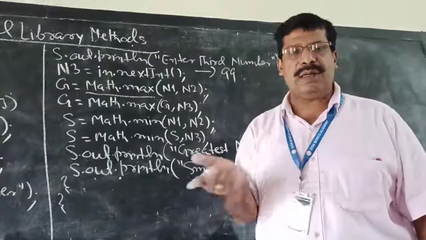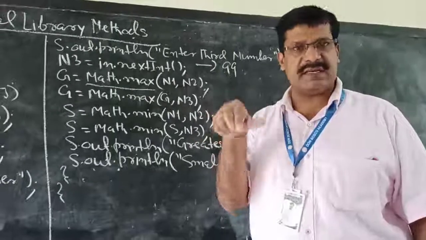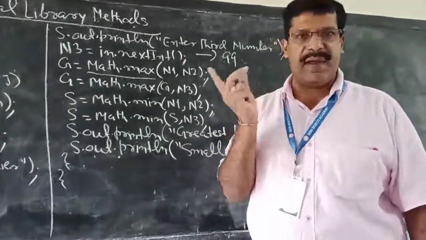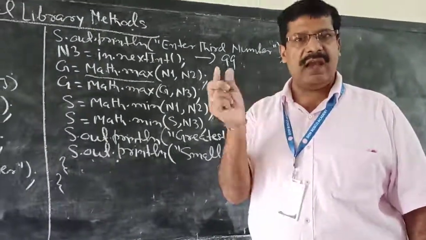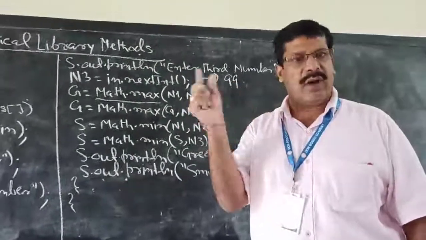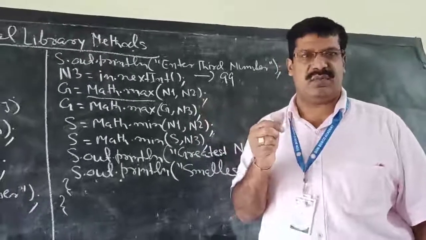That number we will compare with the third number, so automatically the biggest number will come. Once again, what is the logic? First we compare the first and second number to obtain the greatest, then compare that with the third number, and we do the same thing for the smallest number also.